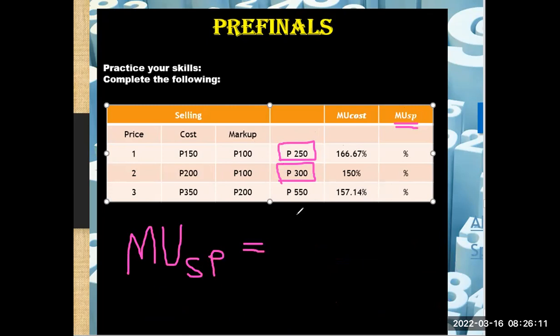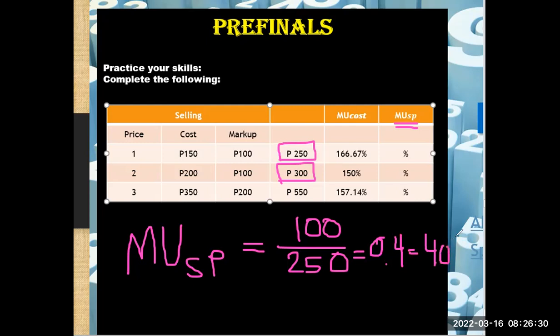So, markup natin 100 based on selling price. So, selling price is 250. Equals. So, 100, let's divide it by 250. We have 0.4 or 40%. So, lagay lang natin dyan. 40%.